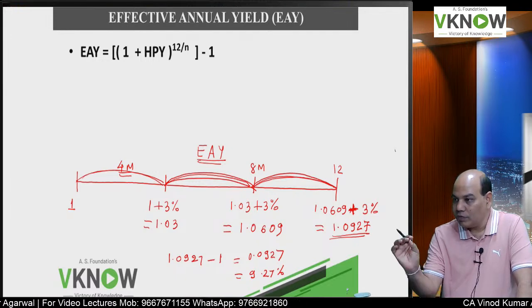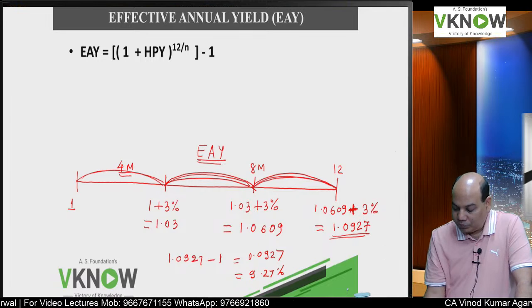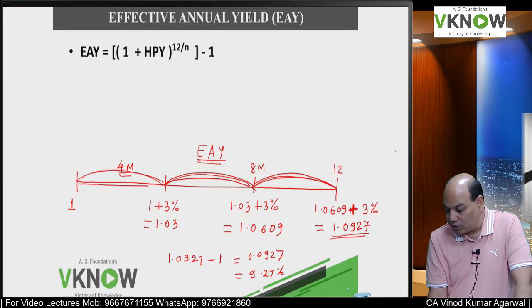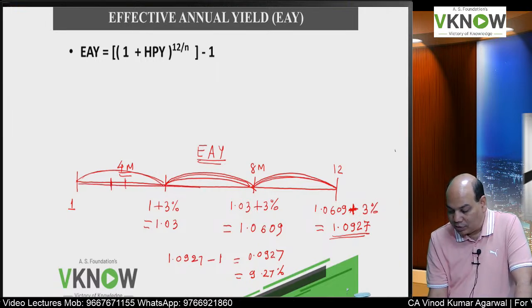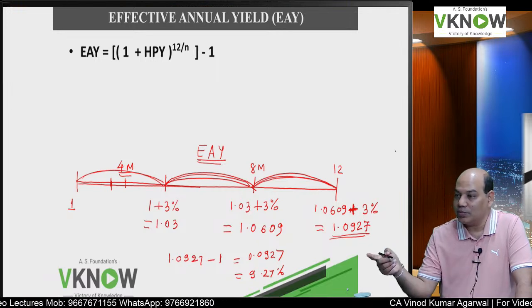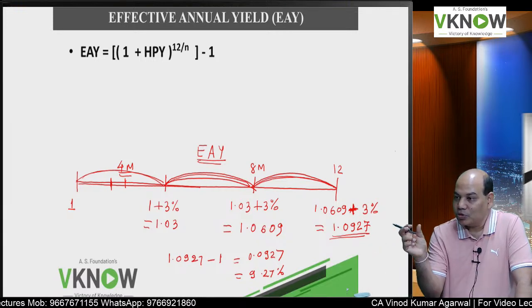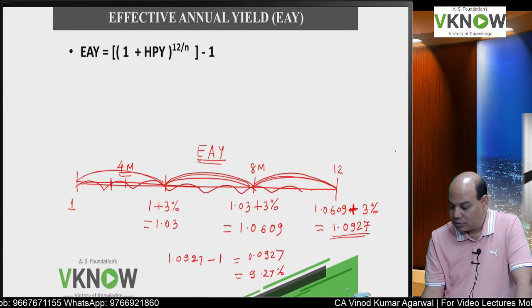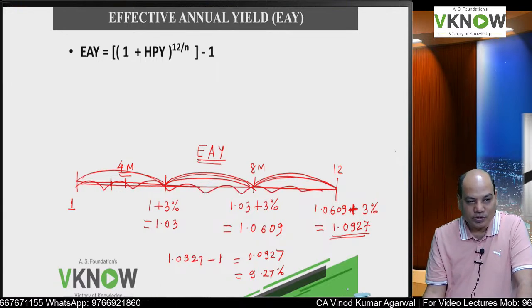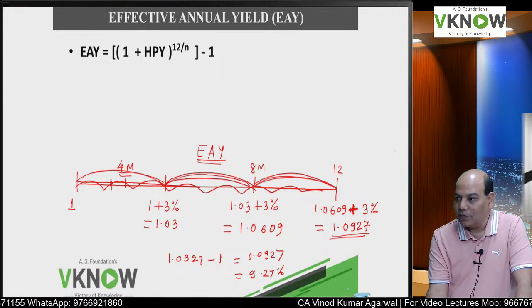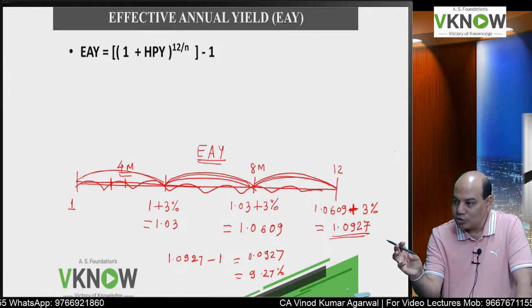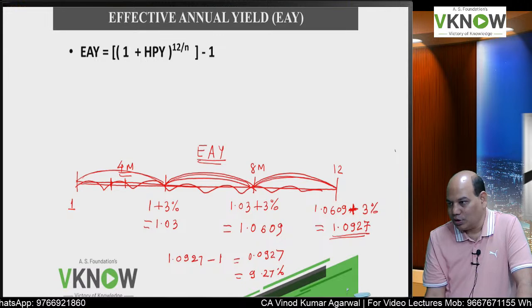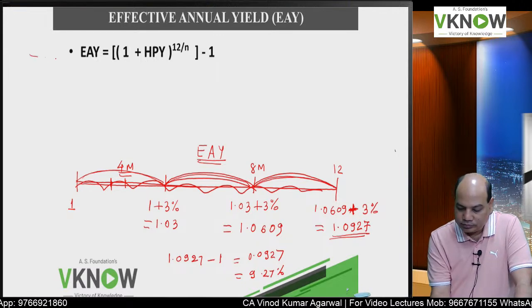So that is the logic of effective annual yield. But suppose the holding period is 1 month, then I will have to do this 12 times. That is a time consuming process. So why can't we apply the formula? Because in the formula also we are doing the same calculation. Write down.